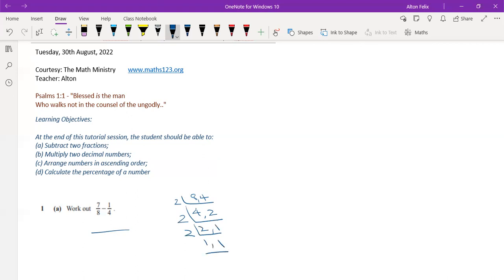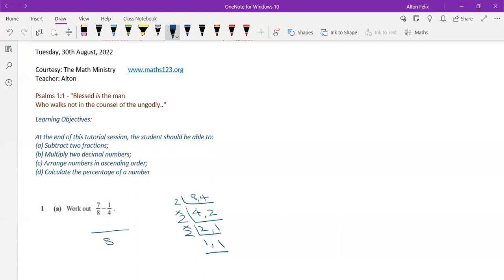So you continue dividing from the smallest possible factor all the way down until you have 0 as a remainder. To find the LCM, you multiply these numbers here, 2 by 2 by 2, which is 8.